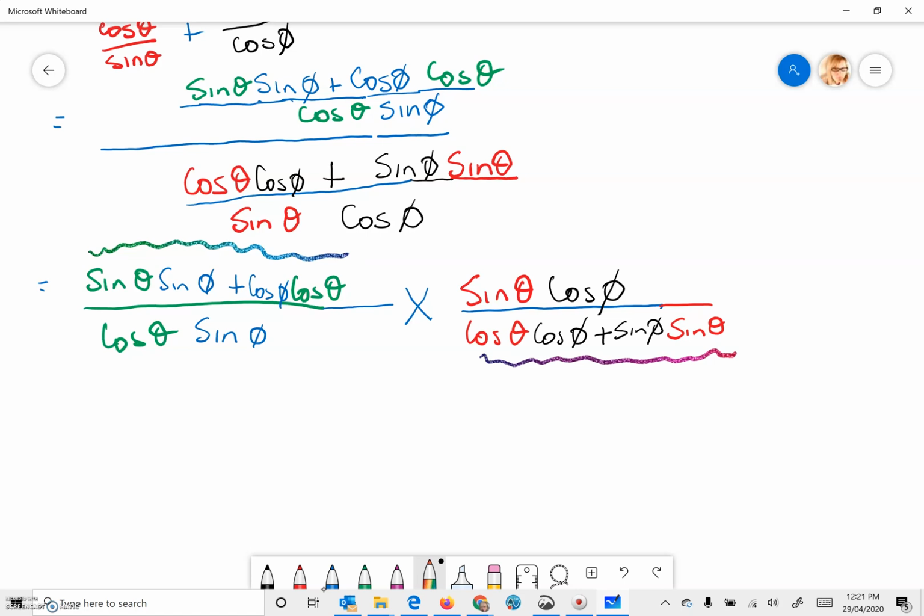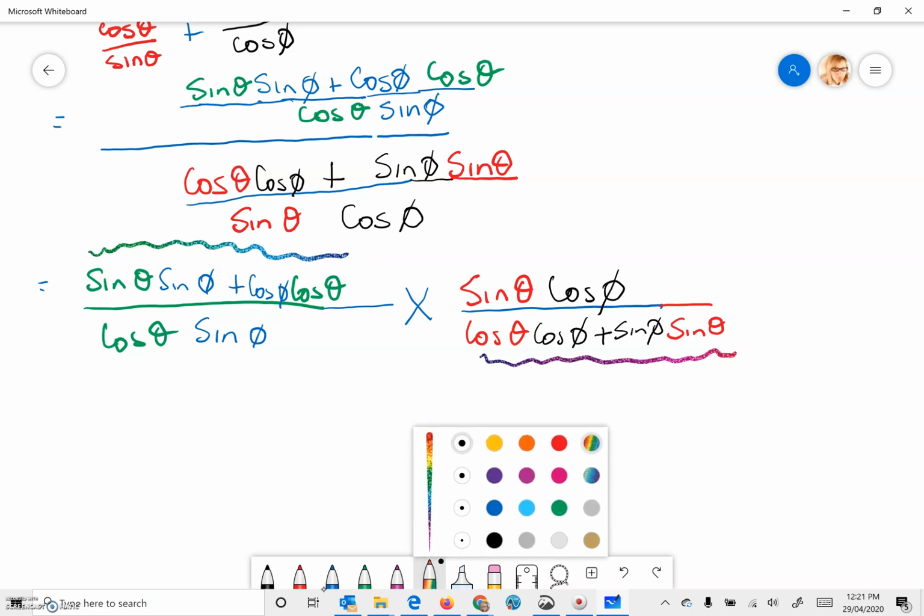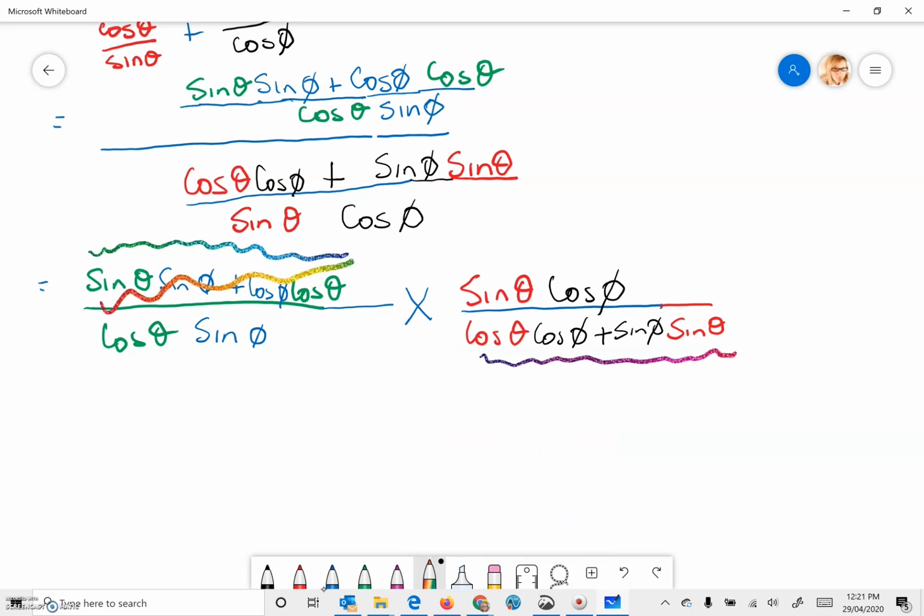Let's check. Sine theta, sine phi. Okay, that's the same. That's the same. Excellent, which means we can cross them out. Cancel them out. Excellent. And what have we got left after that?